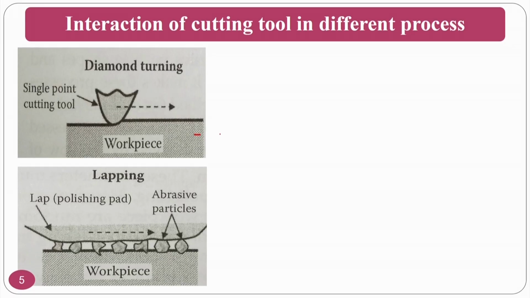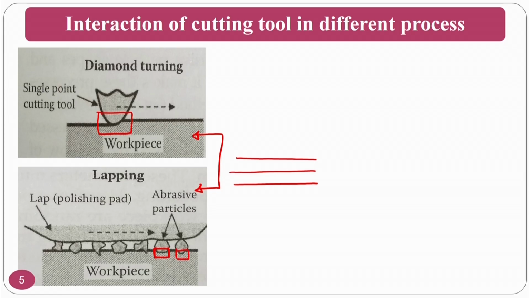The problem with these two techniques, the first and the second, is the drawback that you will get feed marks on the surface, because in both conditions you will have contact of your tool with the workpiece. In the diamond turning process, you can see the contact with the workpiece. Because of this, you will always get the feed marks.